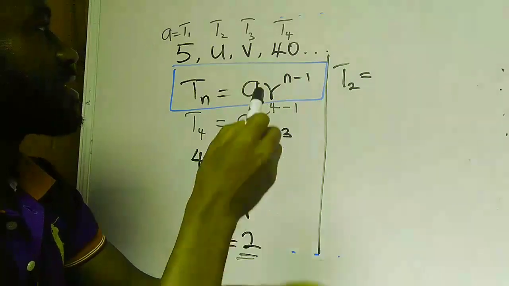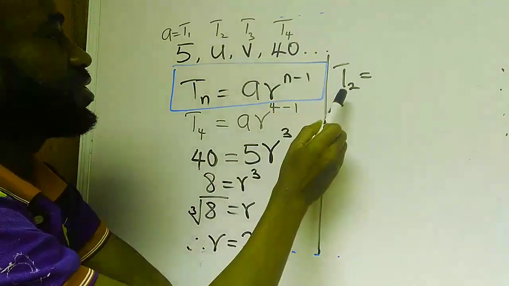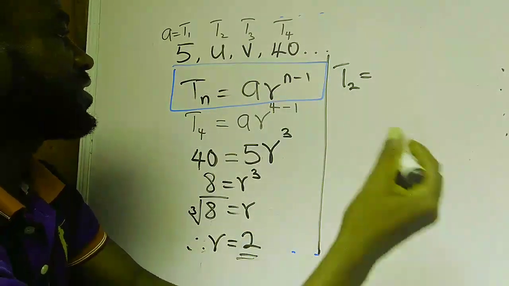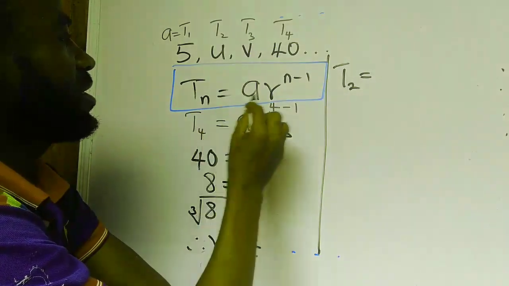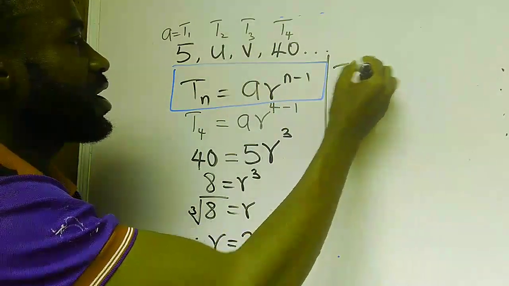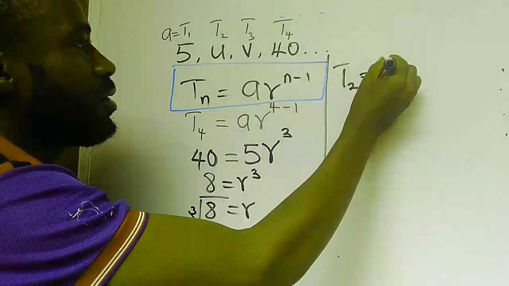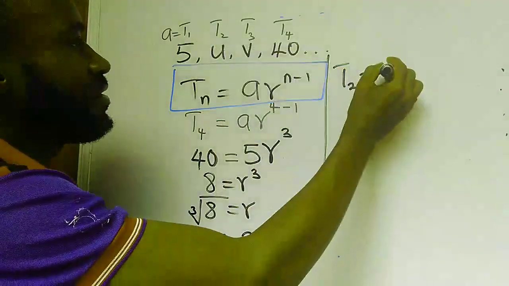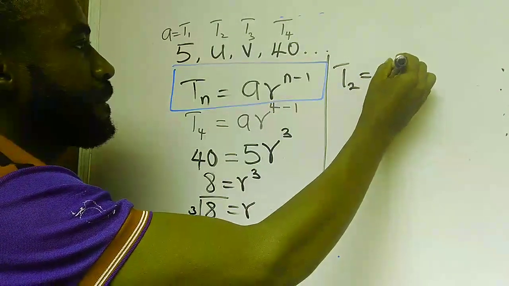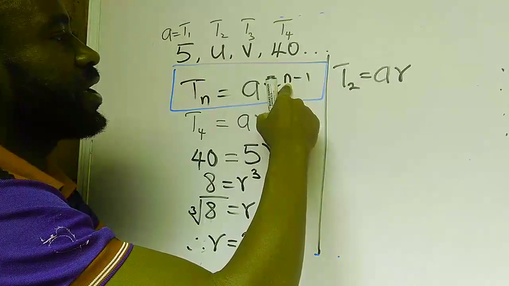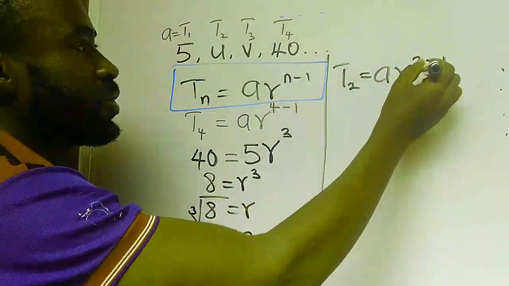So our second term, which is T2. Let's put everything. You can see this 2 is taking the place of n. So when we put it down here, we're having A. Our A, remember, is 5. Let me just write it first. A, then we're having n now, which is 2 minus 1.